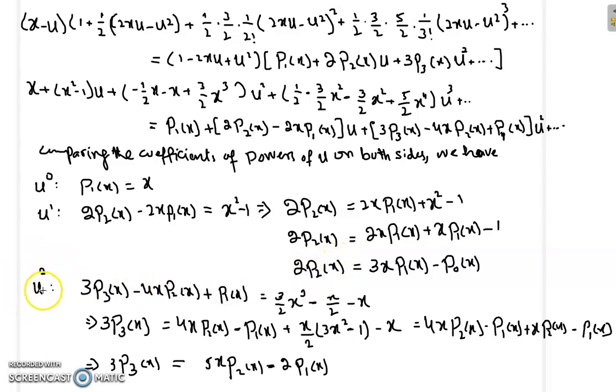And similarly for u2, u squared, this is the one expression, and this one is the other expression, while comparing both sides.